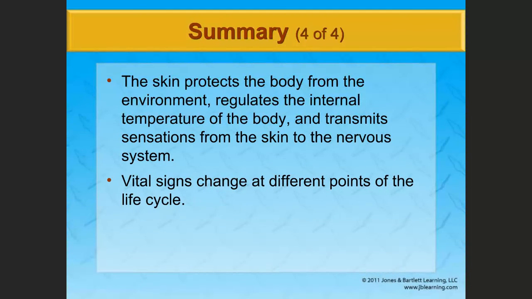The skin protects the body from the environment, regulates the internal temperature of the body, and transmits sensations from the skin to the nervous system. Vital signs change at different points of the life cycle.